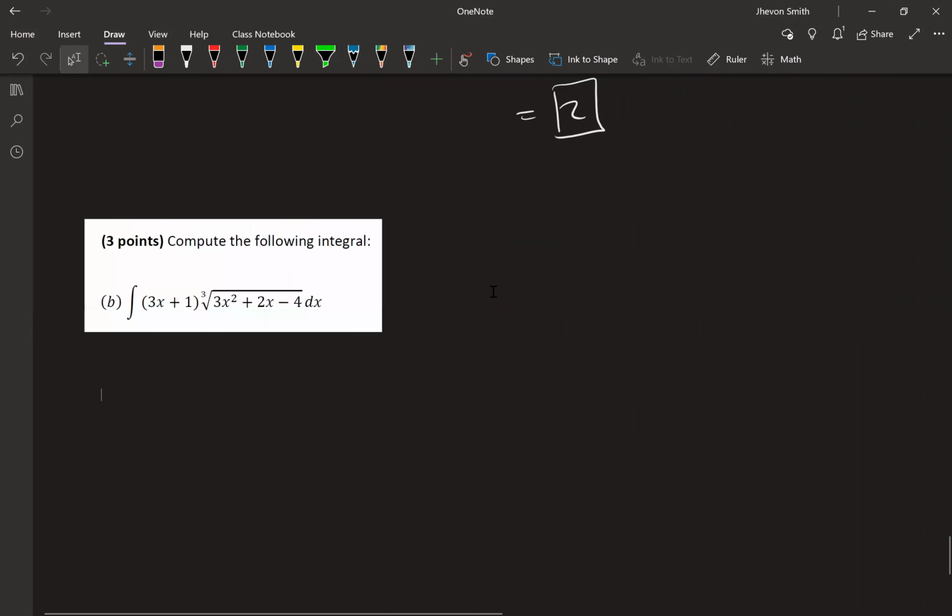All right, so let's go. Okay. Maybe tell me what you tried. What do you want to try here? I was trying U substitution, but I didn't get very far. What did you substitute? The under the radical, 3x squared plus 2x minus 4.